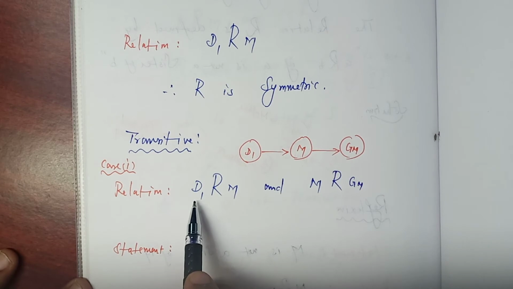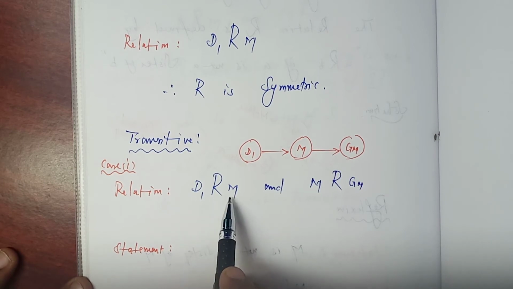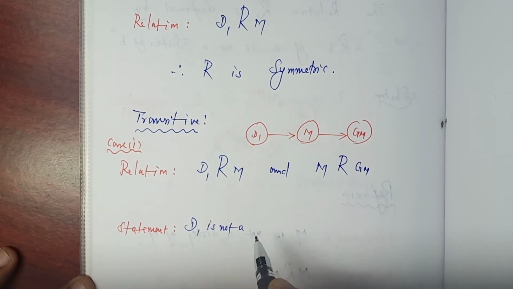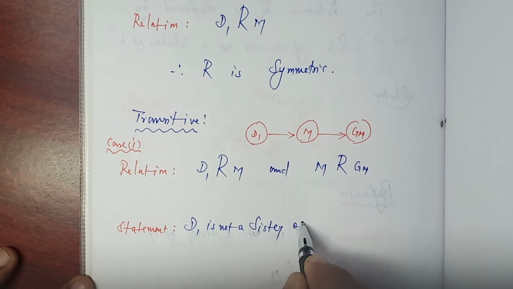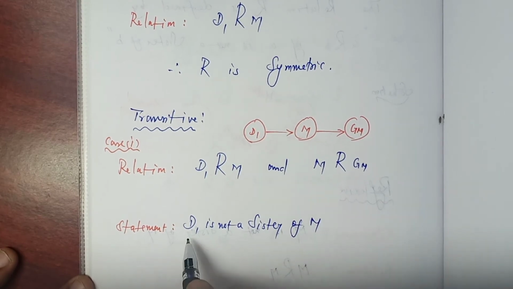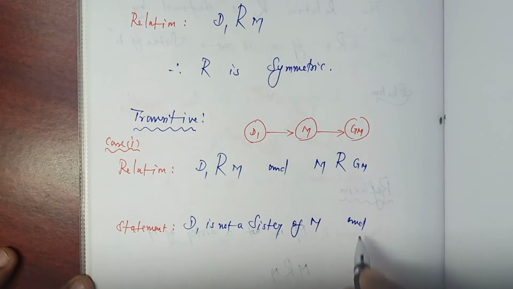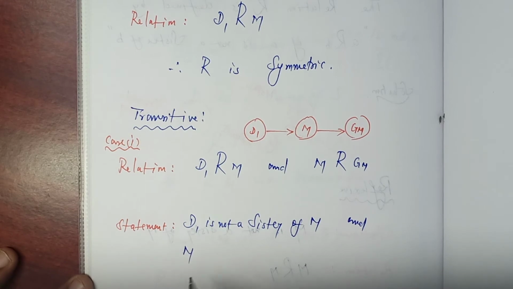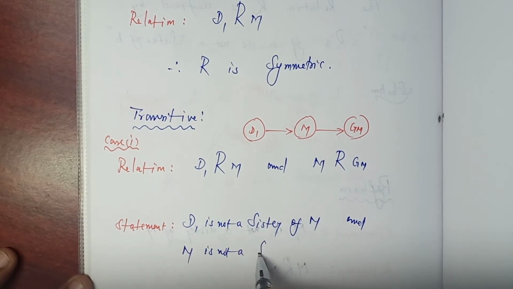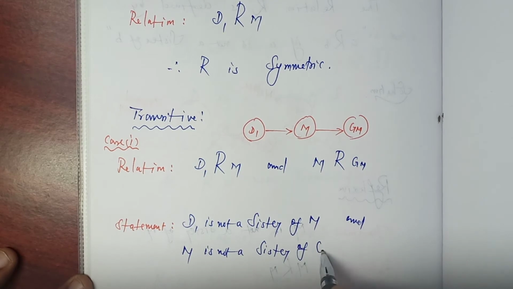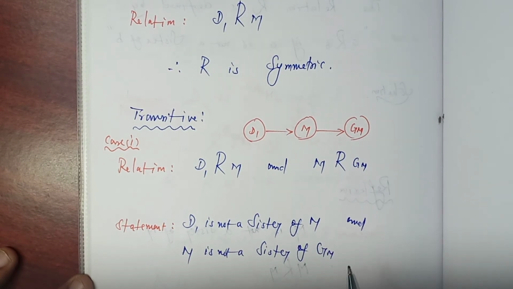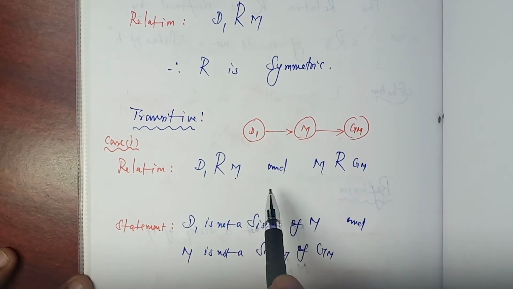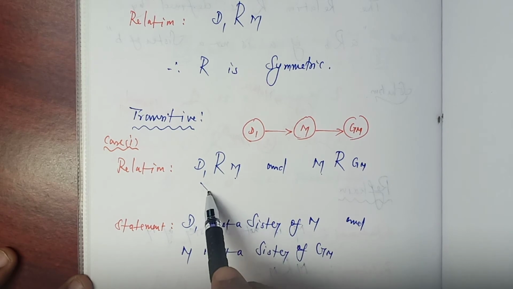D1 is not a sister of M. Correct. And mother is not a sister of grandmother. That is also correct. Here it ends with M, here it starts with M, so continuity is there. So we have to consider these 2.